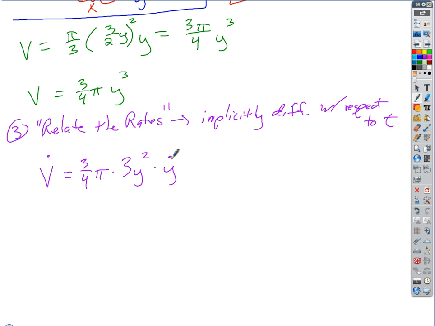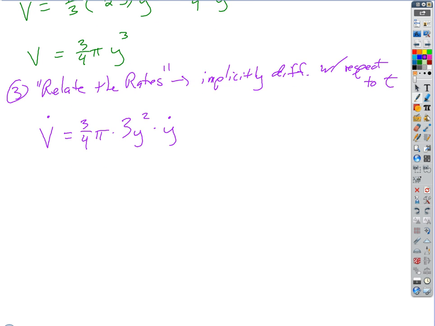So now that's our answer. Let's just simplify. That gives us 9 pi over 4 times y squared y dot.